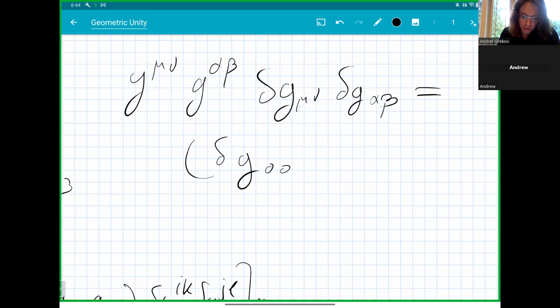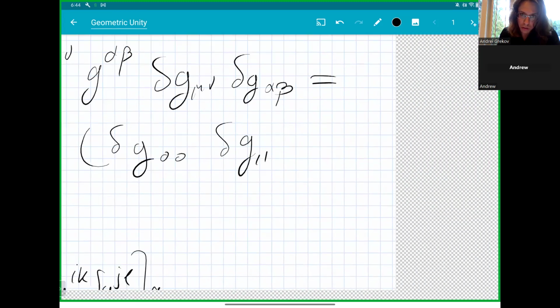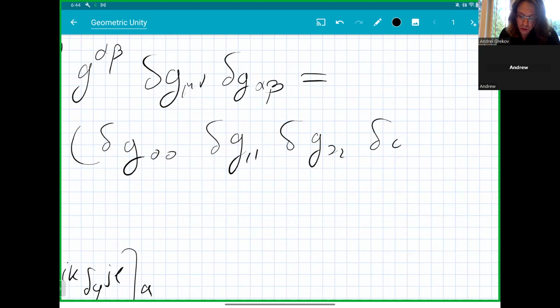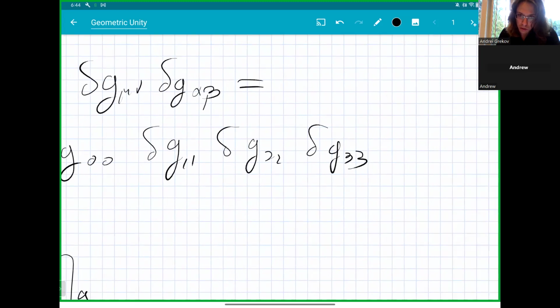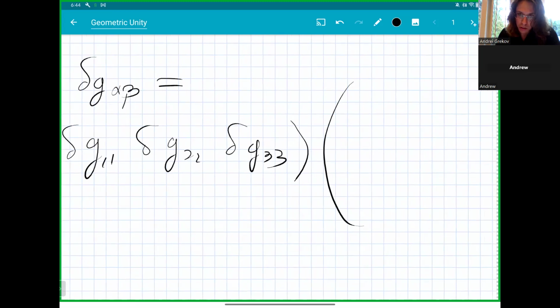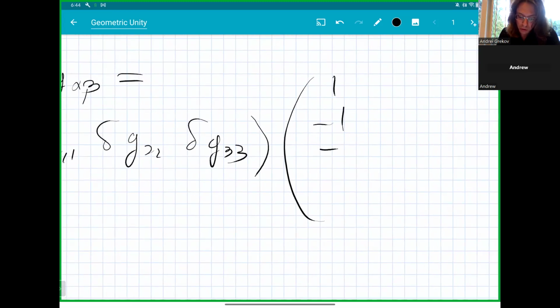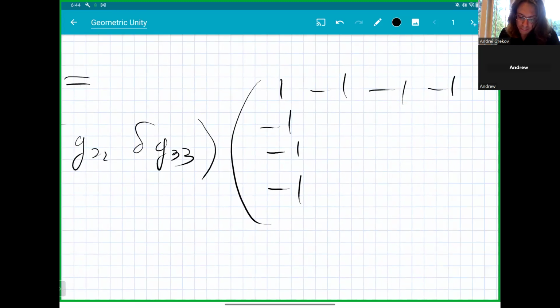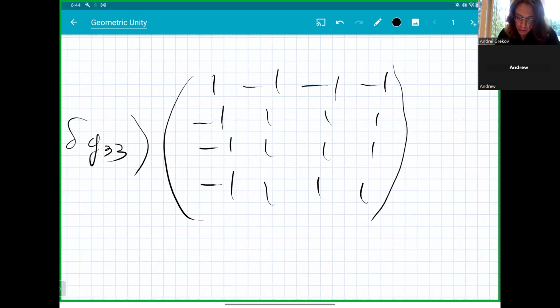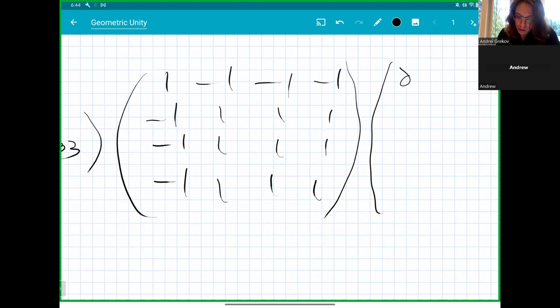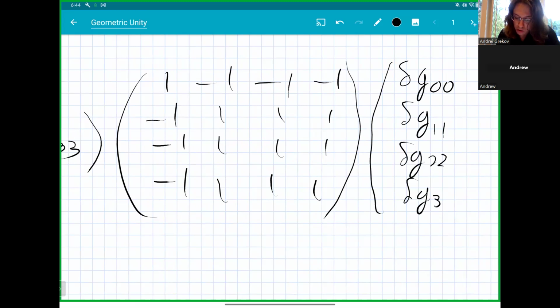Matrix product: dg00, dg11, dg22, dg33, times the matrix of minus 1s and 1s, times dg00, dg11, dg22, dg33.